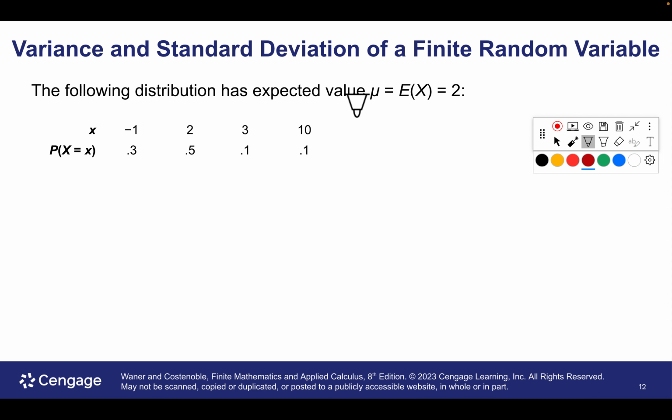They're giving us a distribution, and they tell us it has an expected value of 2. Now we could also calculate that, right? Because to calculate the expected value, we take x times the probability of x. So we take -1 times 0.3, and we get -0.3.